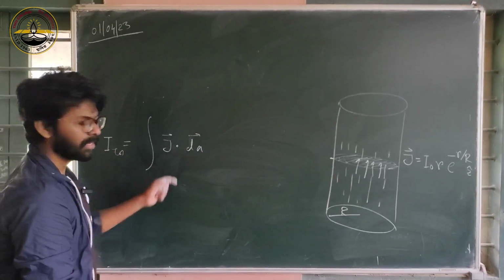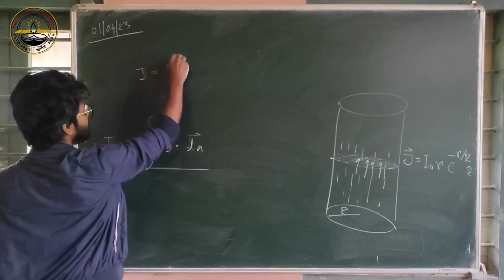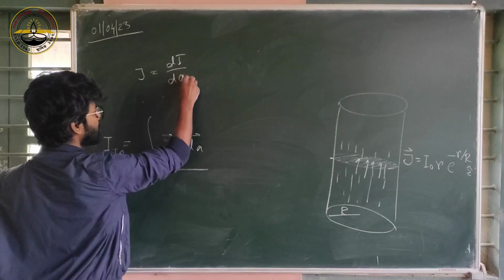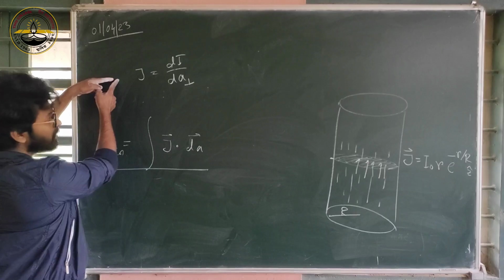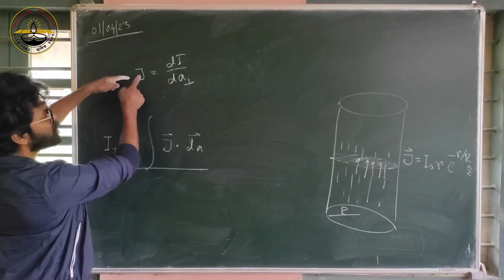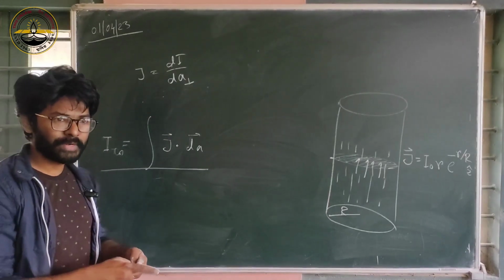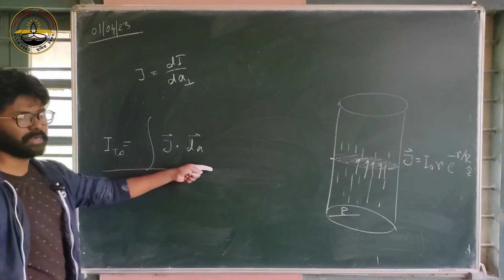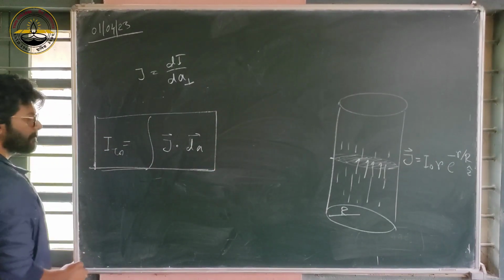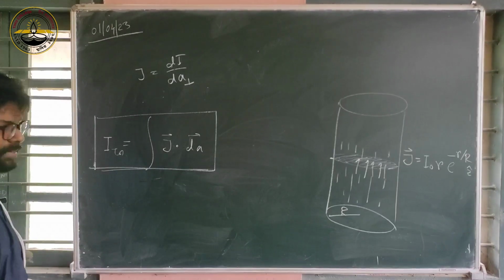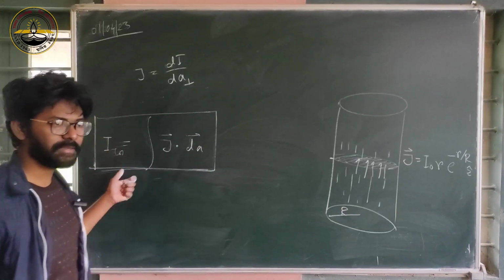That's why the dot. This is the definition of current actually. J is defined as dI by dA perpendicular, or dI equals J dA perpendicular. So J dA perpendicular is nothing but J dot dA. When you take a dot product, you get only the perpendicular component. Remember? So this is your current. This formula you must remember.